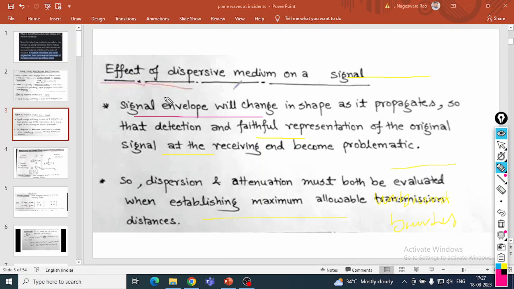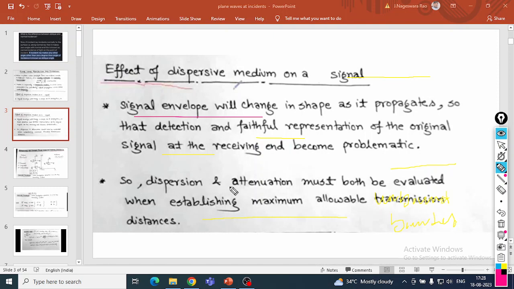The signal envelope changes in shape as it propagates. The receiver has problems getting the original signal due to the dispersive medium. This is one of the problems due to dispersive media.